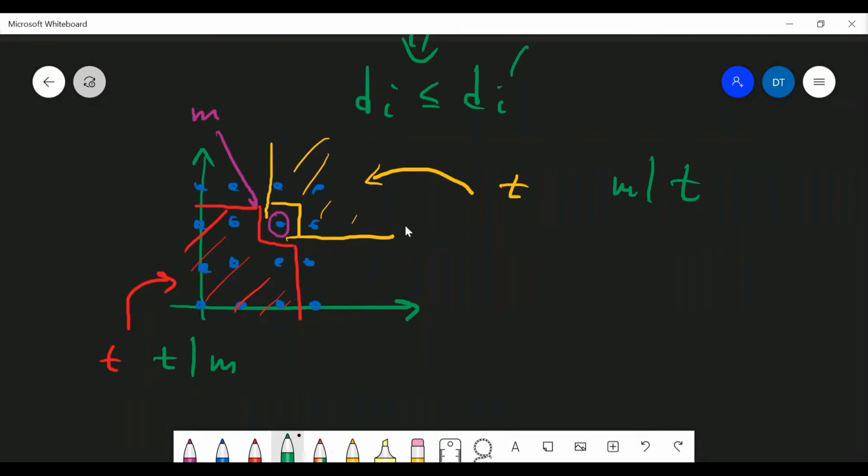So the yellow part is larger than the violet monomial with respect to any lexicographical ordering. And as we have already proven, if you have a monomial which is larger than your monomial with respect to any lexicographical ordering, it belongs to this yellow part.